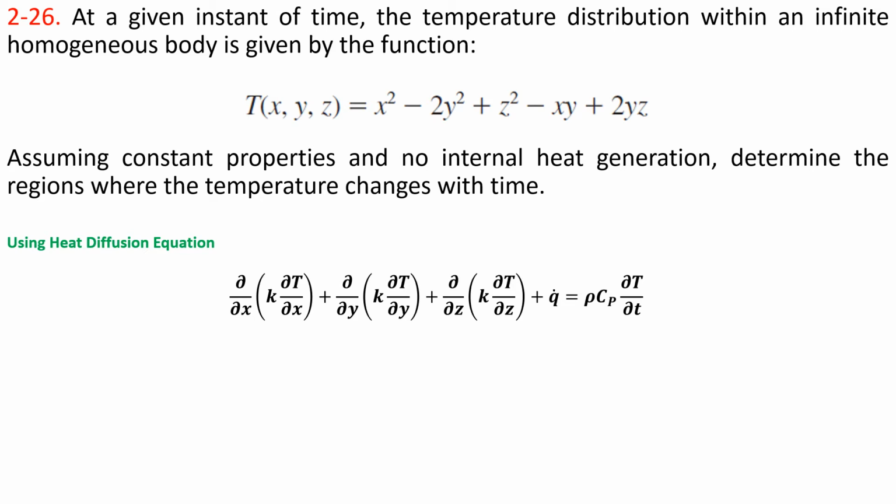Here k is the thermal conductivity of the material, q dot is the internal heat generation, rho is the density, and cp is the specific heat. In the problem statement it is mentioned that there is no internal heat generation, so q dot is equal to 0.